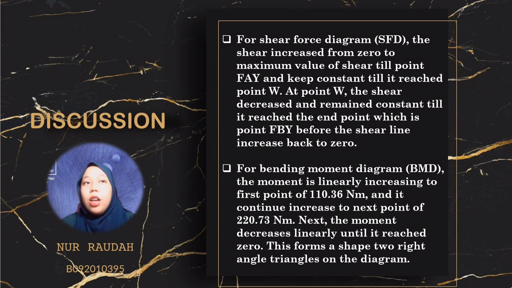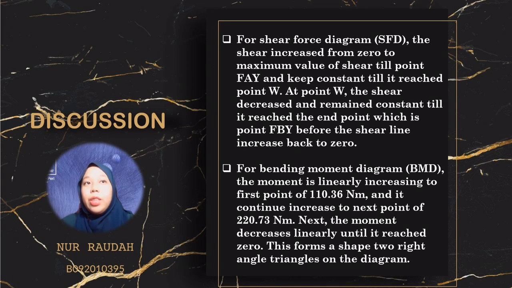At point W, the load W, which is 588 newtons, is applied to the structure, causing the shear line to decrease to negative 294.3, and the line remains constant until it reaches the end point at FBY. At point FBY, another reaction force acts and increases the shear back, so the line returns to 0.